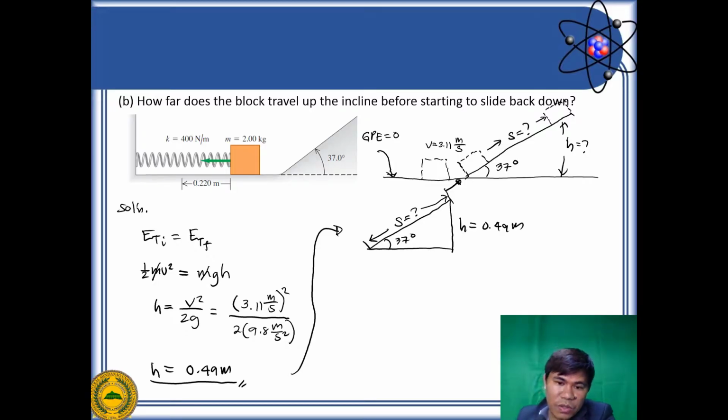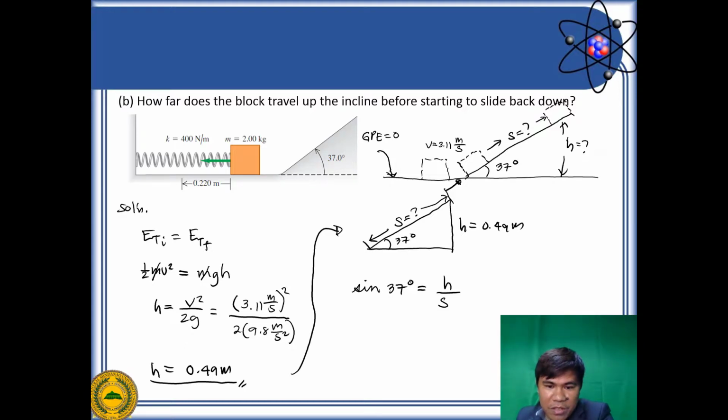So to obtain the hypotenuse, we just apply the sine function of the angle 37 degrees, which is equal to the opposite side, which is actually the h, over the hypotenuse, which is actually the s.